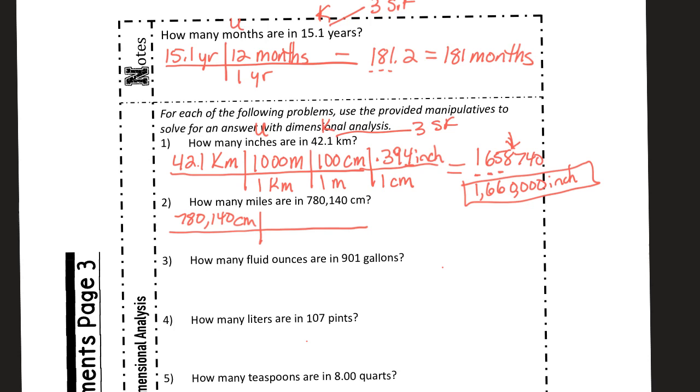I'm going to go over the same conversion factor again. 1 centimeter is equal to 0.394 inches. So I have inches on the top, so I'm going to need inches on the bottom. And I'm going to go to feet, because eventually I have to get to miles. So there are 12 inches in 1 foot.